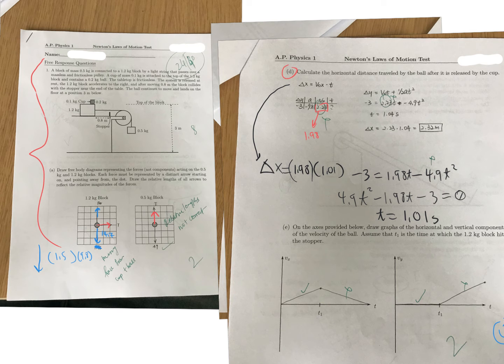And that happens to be 1.9998, which is really just approximately 2. And 2 what? Well, meters. That's what it would be.